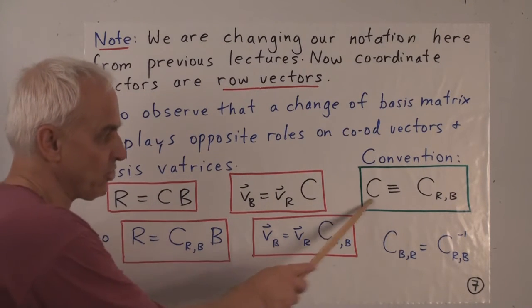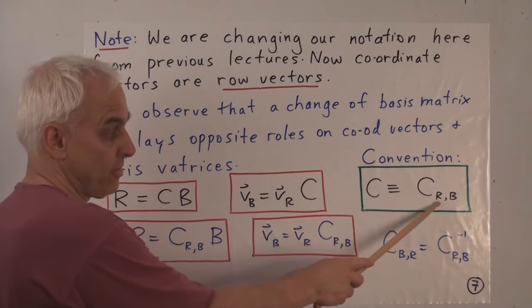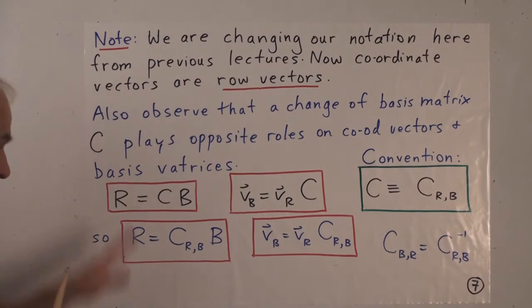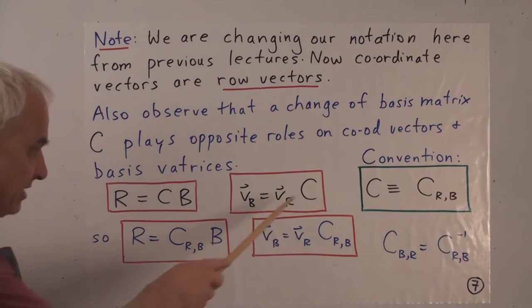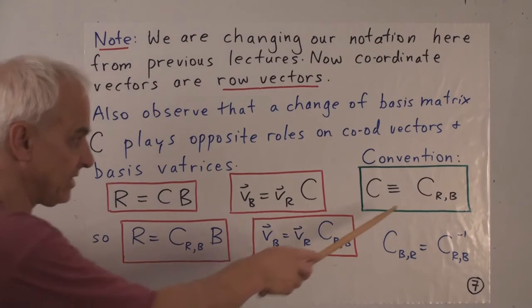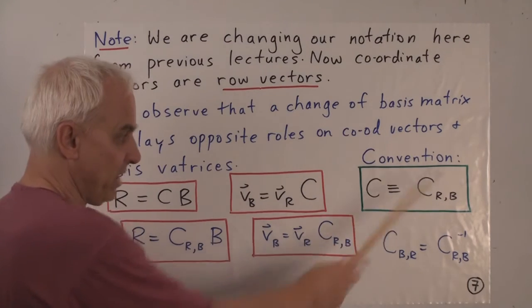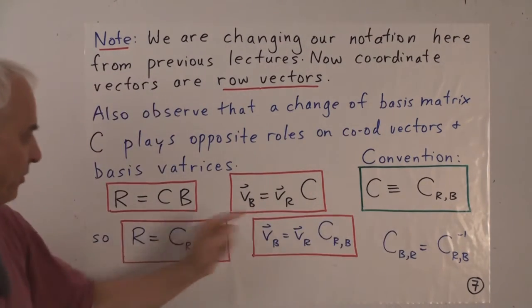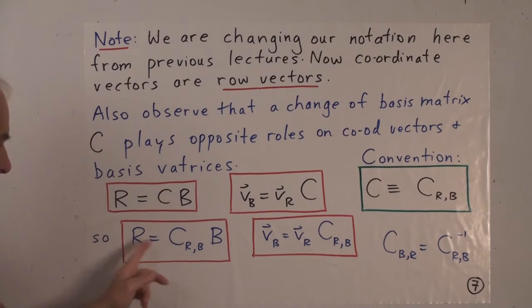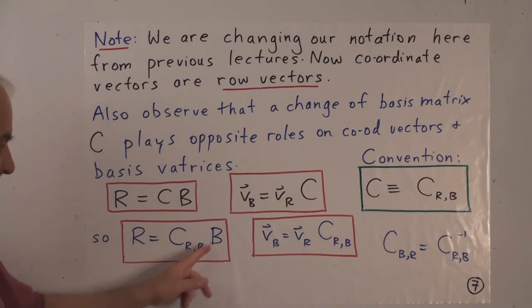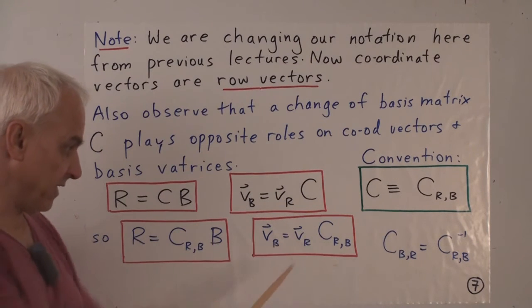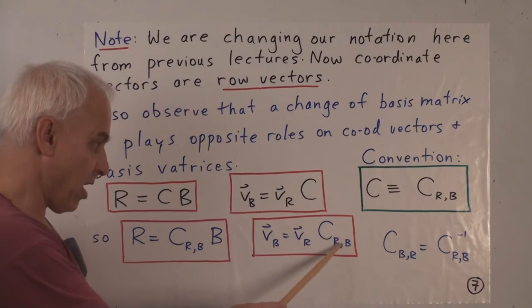It's a relation between the two systems or bases R and B. And our convention is that in this case we're going to say that this matrix C that's appearing is C sub R comma B. So if we plug that notation into both of these equations, this one reads R equals C sub R comma B times B. And this one reads V sub B equals V sub R times C sub R comma B.